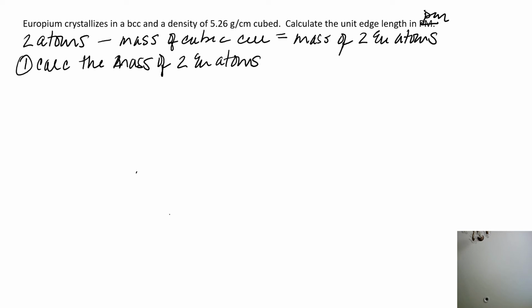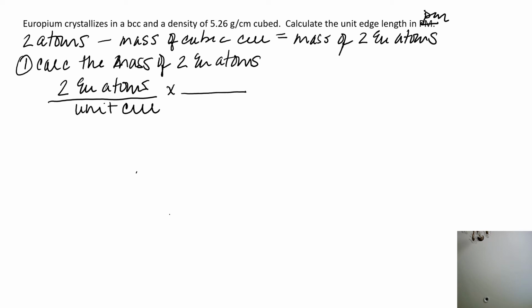We have 2 europium atoms per unit cell. And in 1 mole of europium, we have 6.022 times 10 to the 23rd atoms.